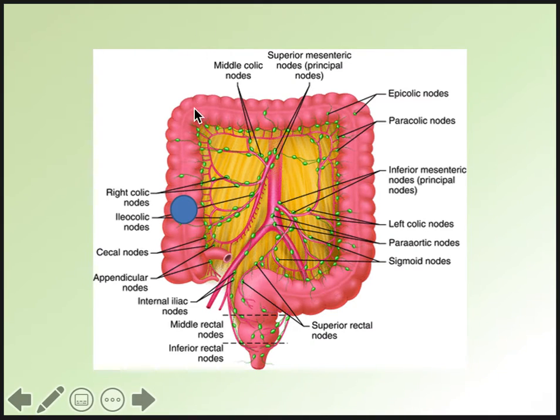So with this slide, I just want to highlight how important the vasculature and the lymphatic drainage of the bowel is.